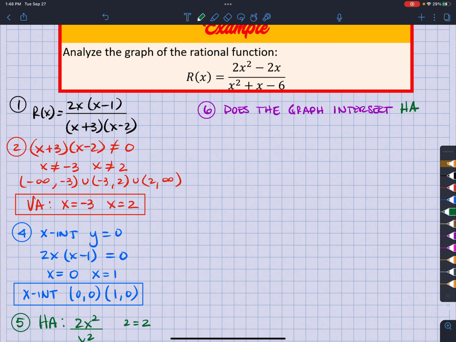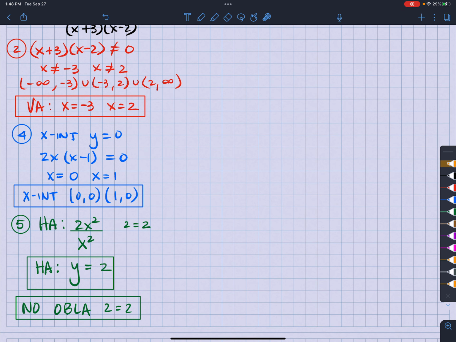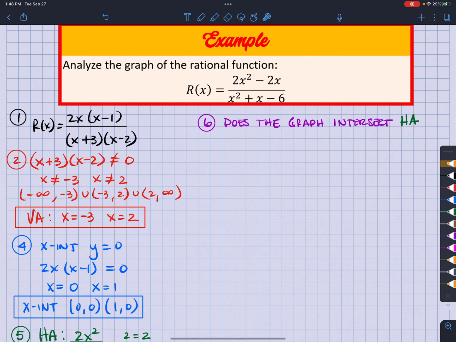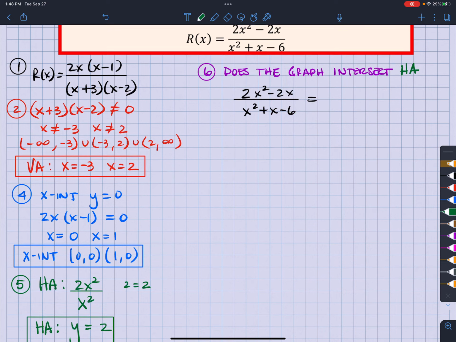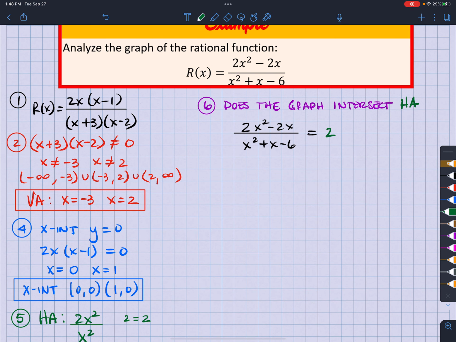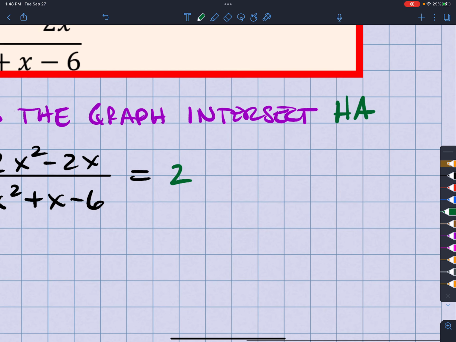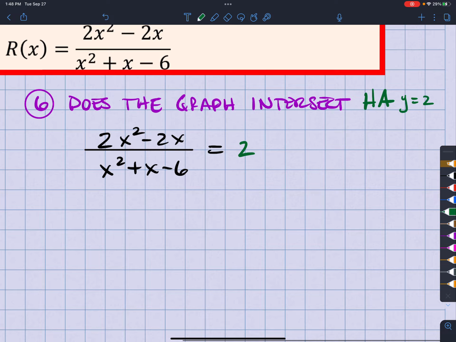The only way to find out is to ask: when is (2x squared minus 2x) over (x squared plus x minus 6) equal to 2? Because the horizontal asymptote is y equals 2.